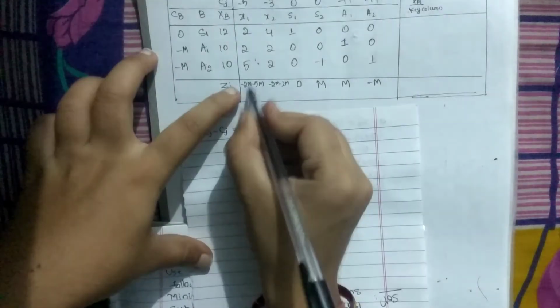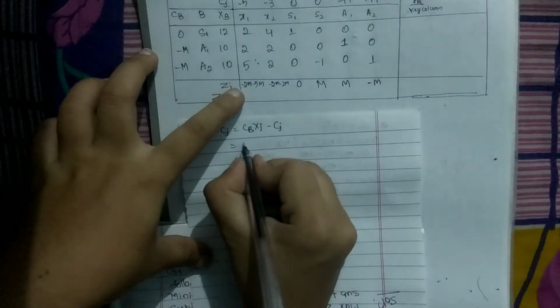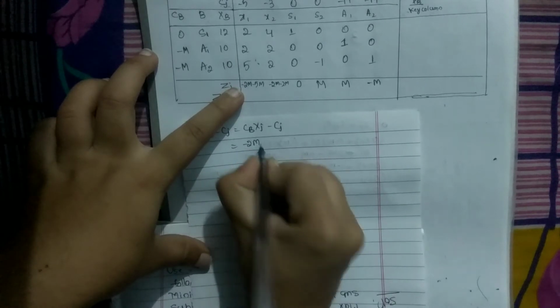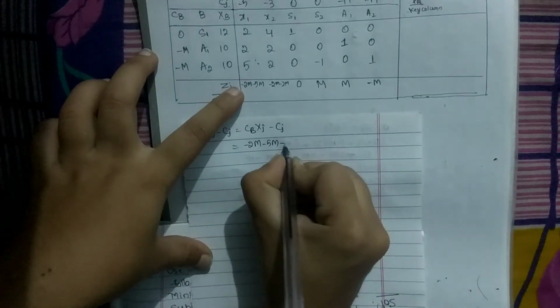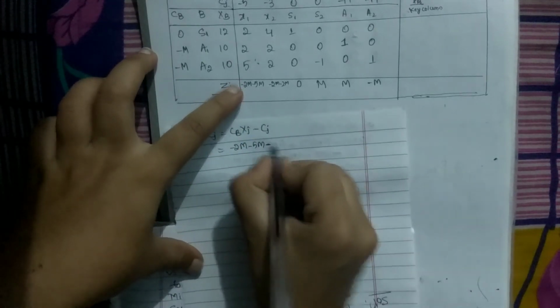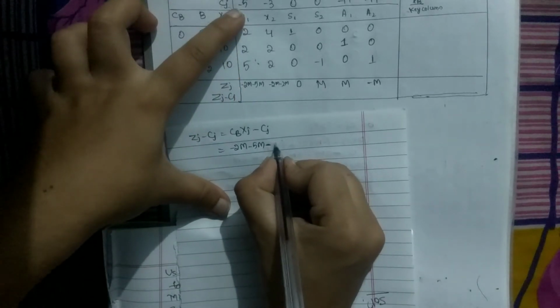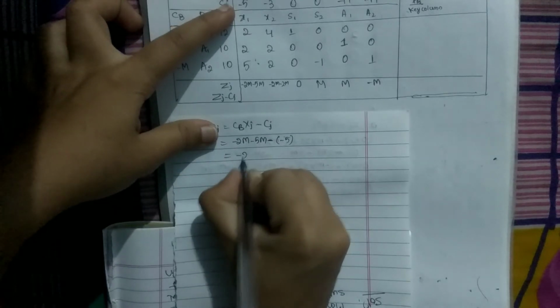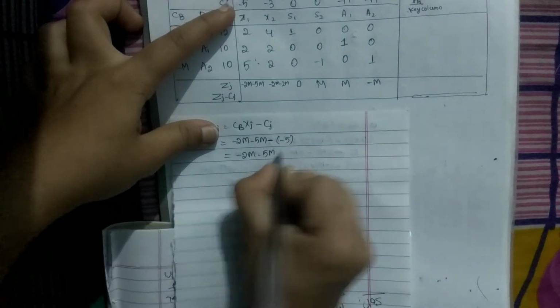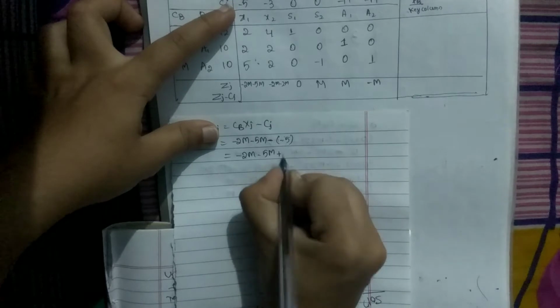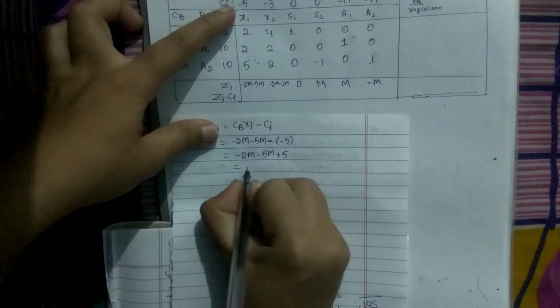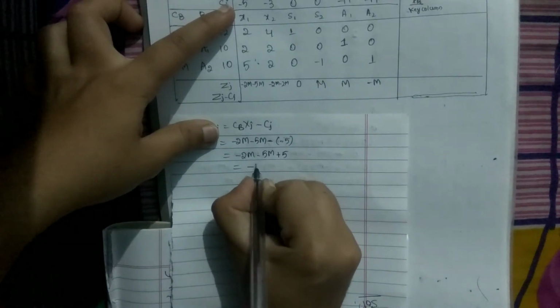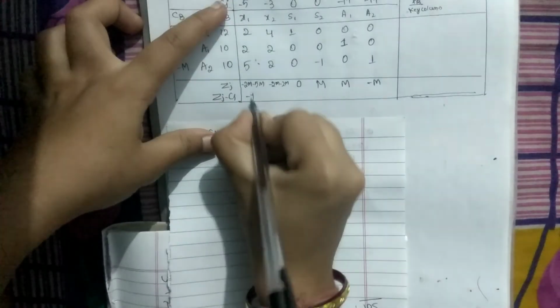In the first column, the answer is minus 2M minus 5M, minus the Cj value of minus 5, so minus into minus becomes plus 5: minus 7M plus 5.